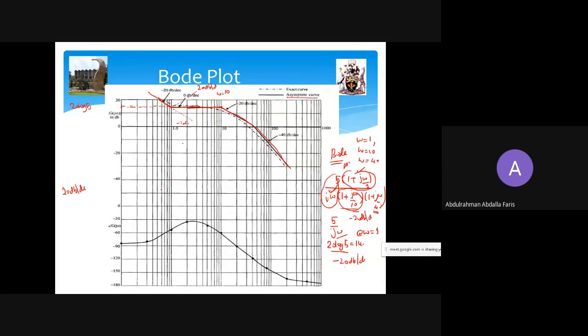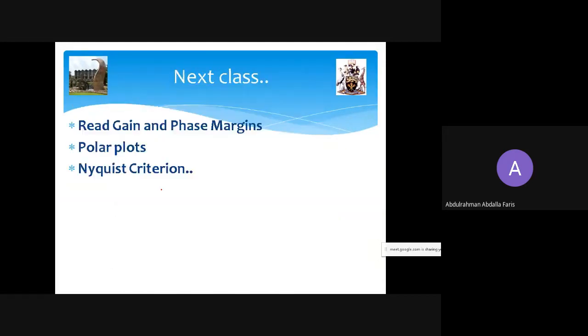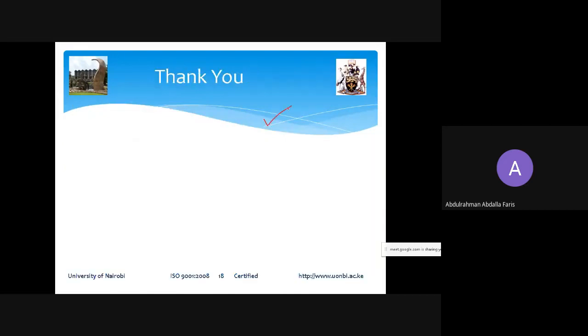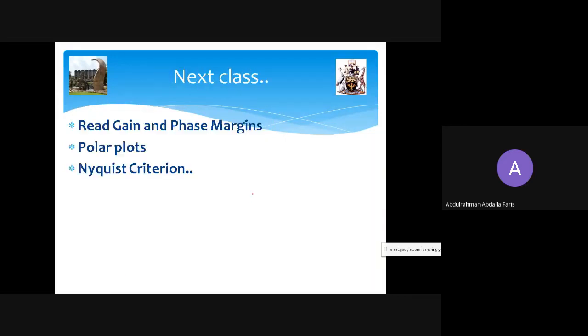So what I need from you is, please read the gain and phase margin from the notes. We'll do it quickly tomorrow, and then move to polar plot. And then we'll have one class on the Nyquist criterion.